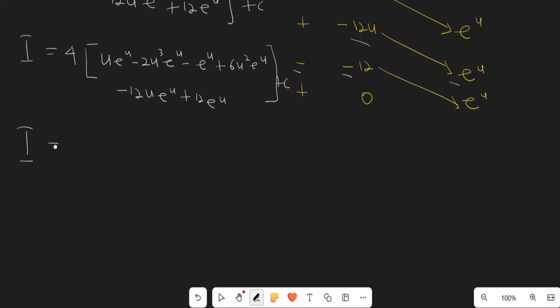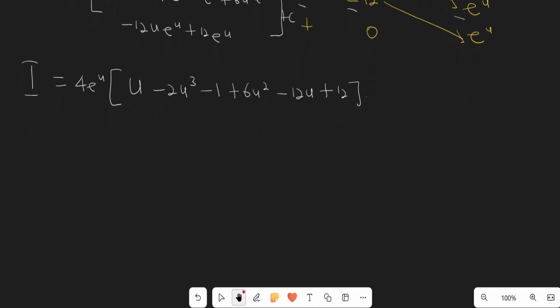Okay, so I is going to be, you can factorize e to the u out because that is common. So 4e to the u. Then what you are left with is, you can group some like terms: u minus 2u cube minus 1 plus 6u squared minus 12u plus 12. Are there some like terms to group?